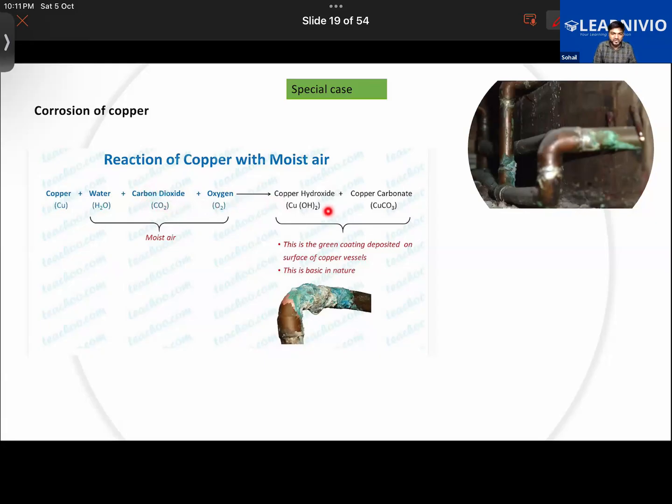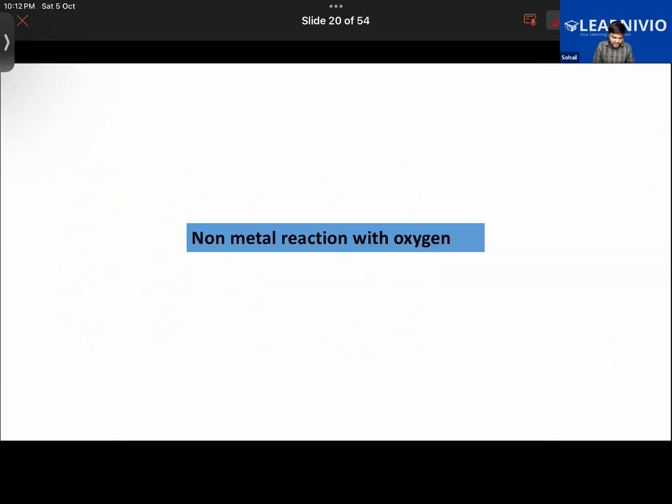As a result, copper hydroxide and copper carbonate are formed, and it deposits a green coating on the surface of copper objects. You might have seen certain pipes that look like this after some time. Have you observed this ever? Yes, sir. So that is the special case of the corrosion of copper, where it reacts with carbon dioxide and water as well.